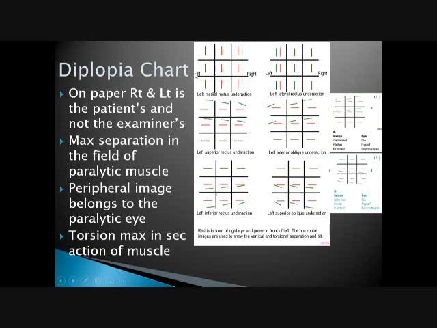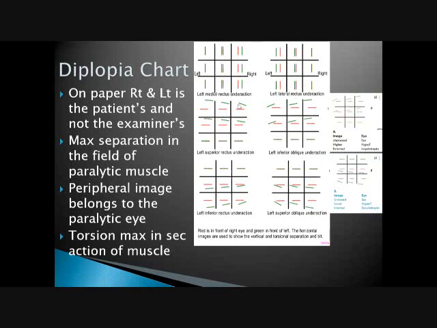But here, when you are drawing the diplopia, you keep what the patient is looking at. So this is the left field of the patient's vision. This is the right field. So just keep in mind, this is opposite to the fundus diagrams.